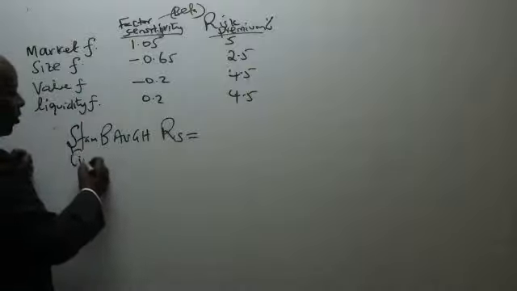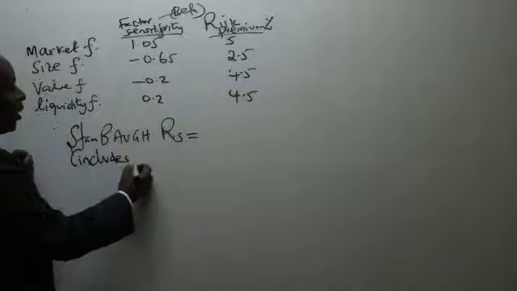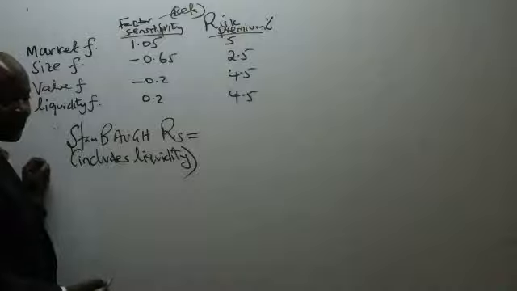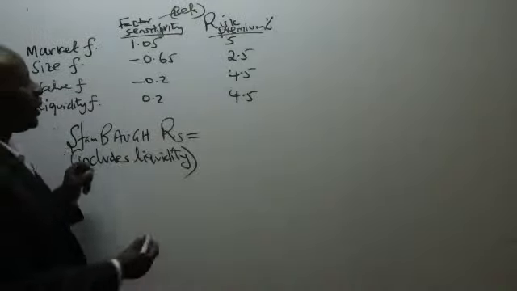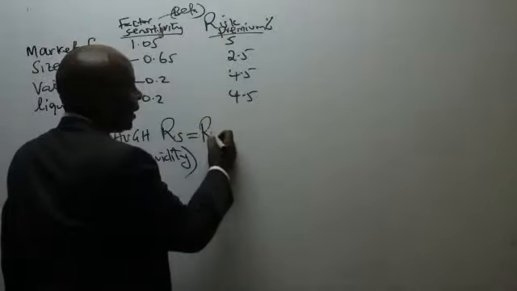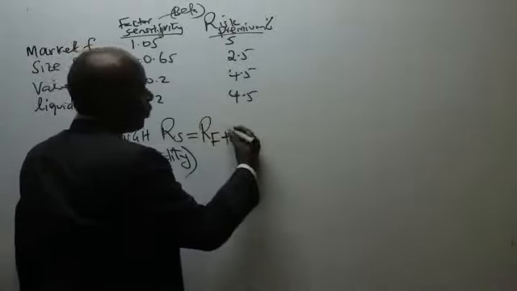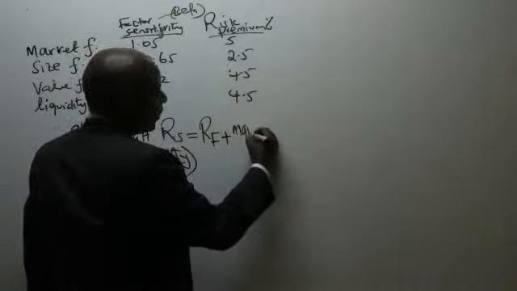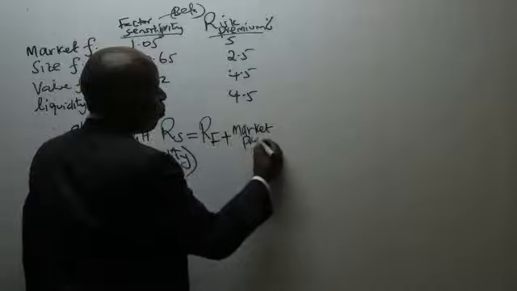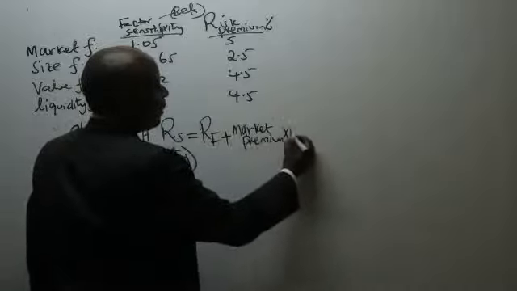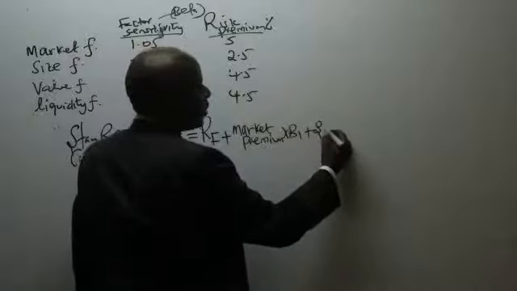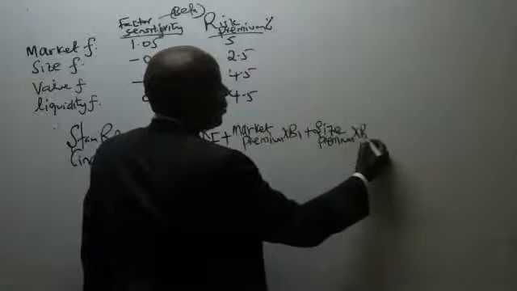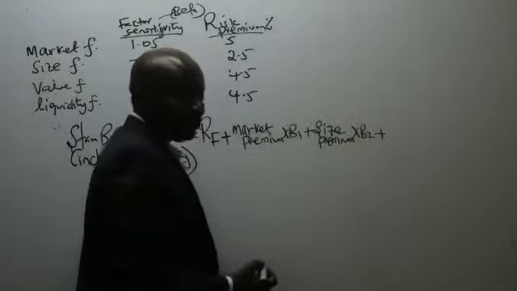So remember, we begin with our normal: risk-free plus the market premium times beta 1, plus the size premium times beta 2. We have number 3, the value premium.